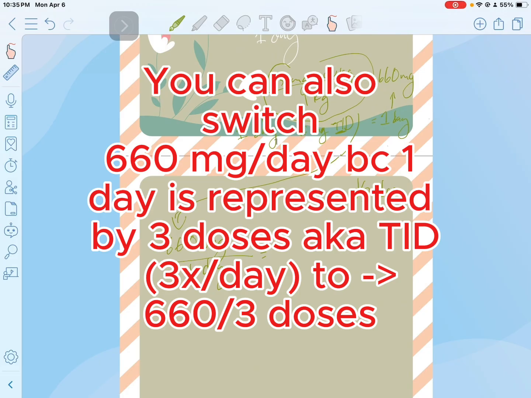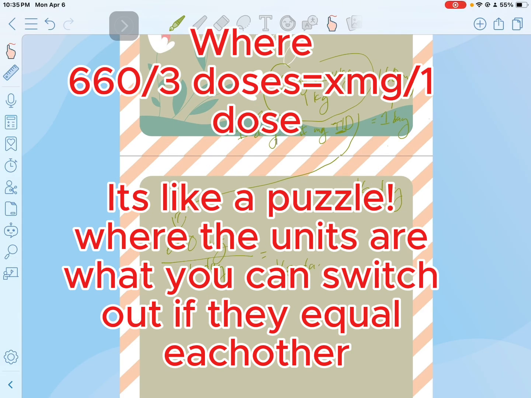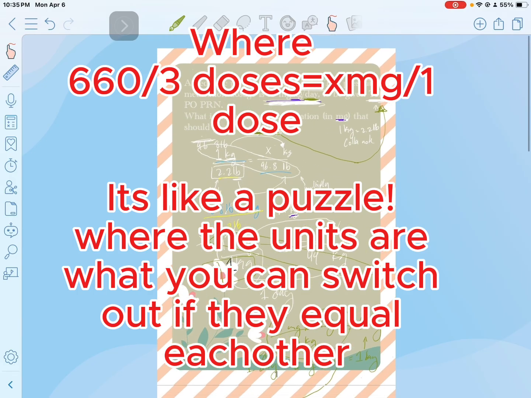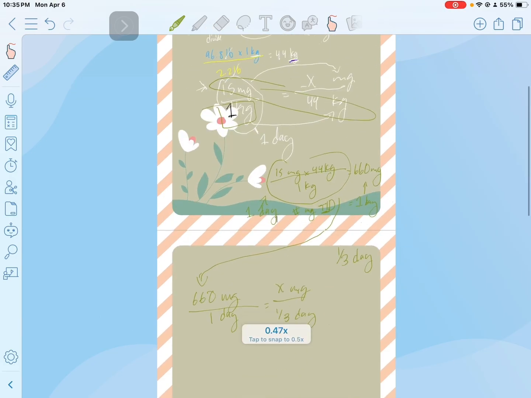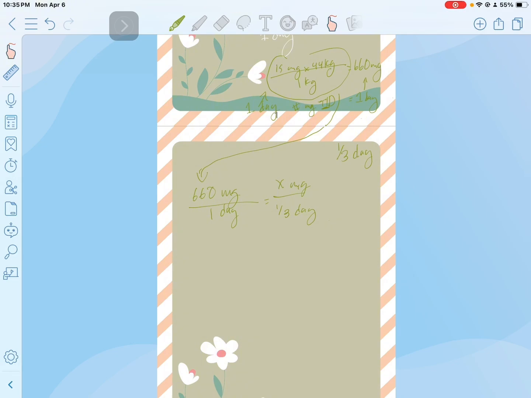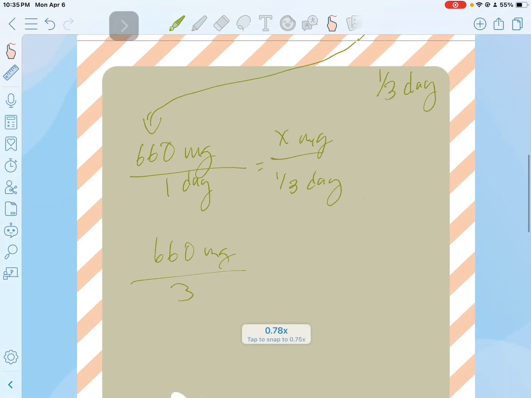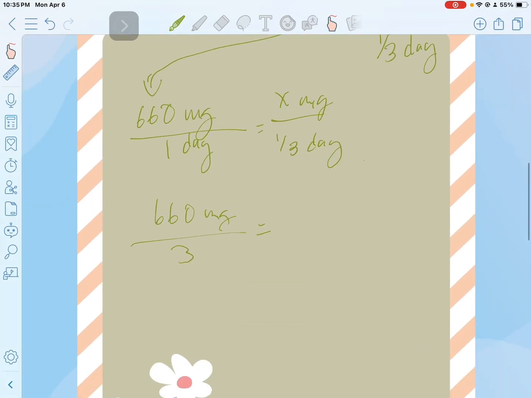Theoretically, it should be 1/3 of that. So what I would do is I would do 1/3 a day, and then that equals X mg. Or if you just want to skip over all that stuff, you could just see it's 3 times a day, and you know the total amount, which is 660 milligrams. So you could just do 660 milligrams divided by 3, and they'll both give you the same number.